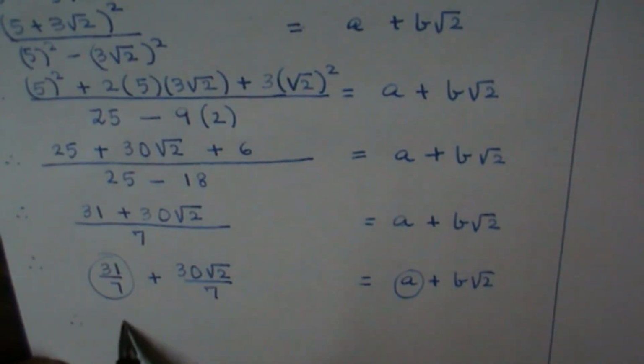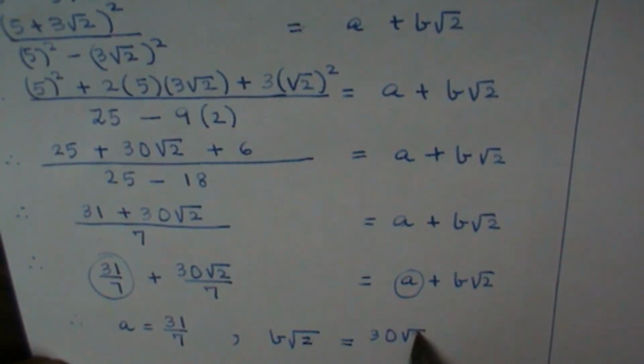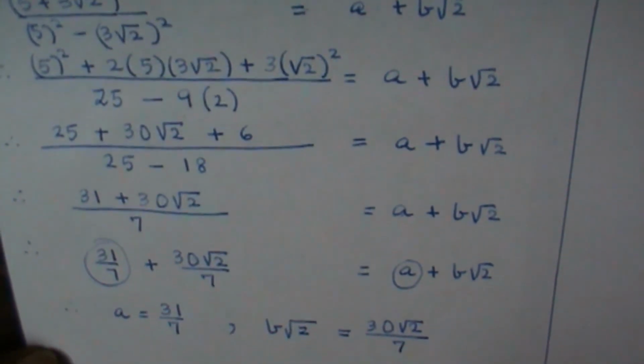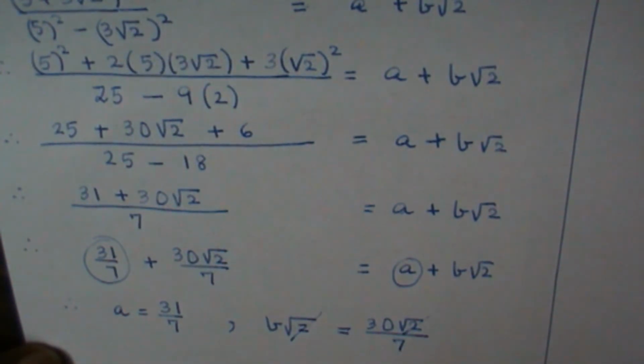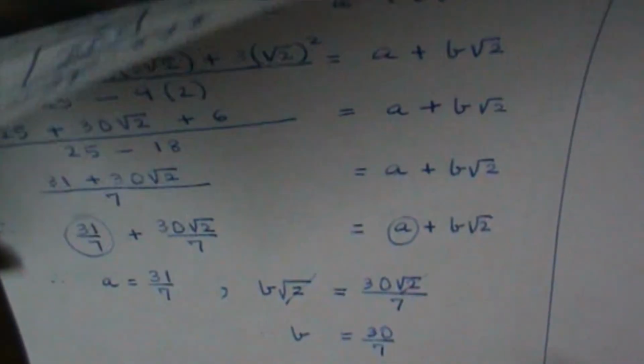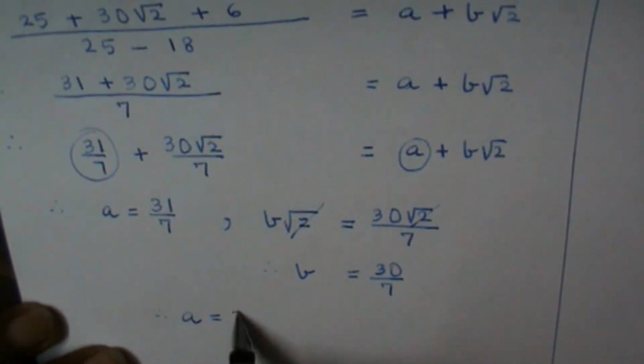So I'll say, therefore, a is equal to 31 upon 7, and b√2 is equal to 30√2 upon 7. √2 got cancelled, and you will say, therefore, b is equal to 30 upon 7. So we have, therefore, a equal to 31 upon 7, b is equal to 30 upon 7.